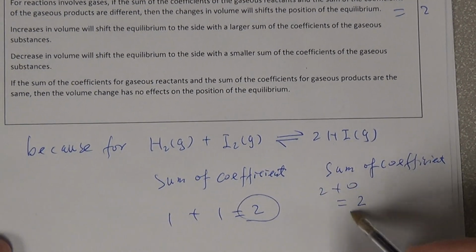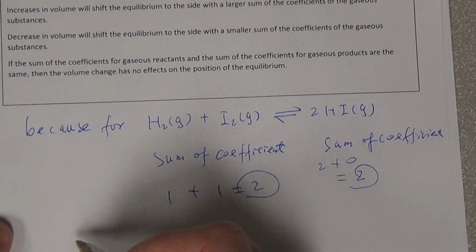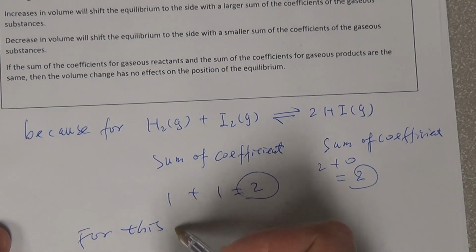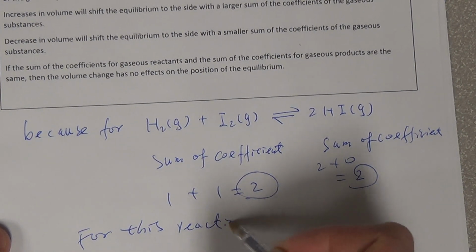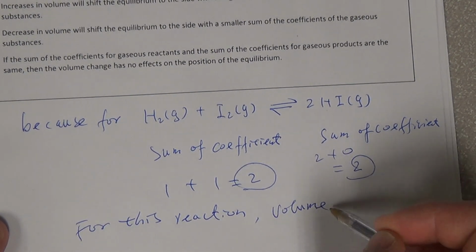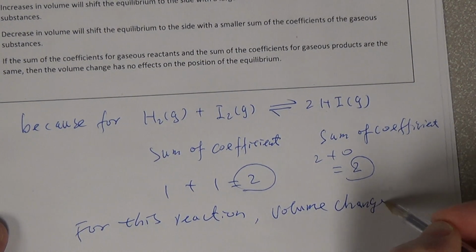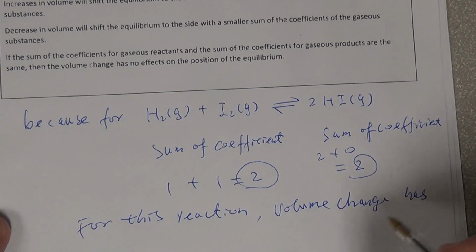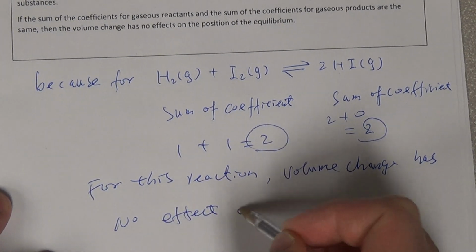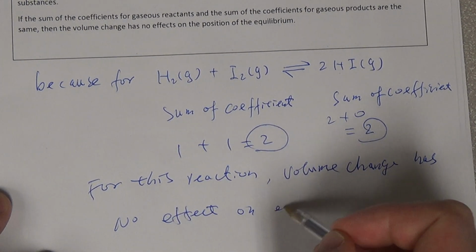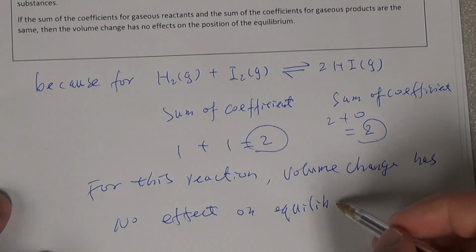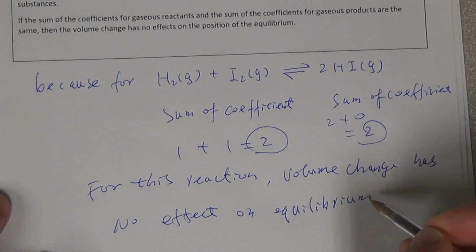So 2 equals 2. Okay? So for this reaction, volume change has no effect on the equilibrium.